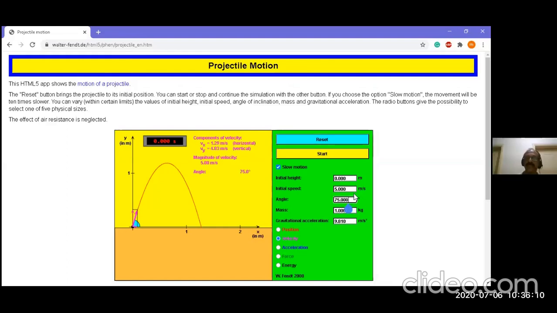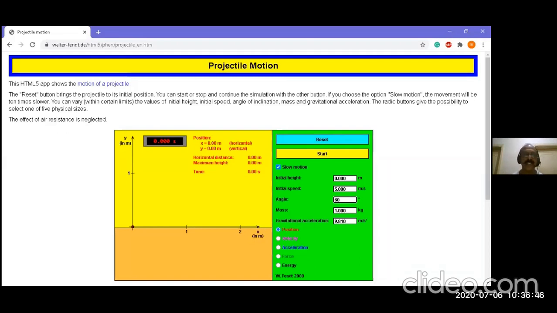Now let us bring it to 45 degrees. Check the position and angle once again. 45 degrees. Now 60 degrees, let us try, so we'll get a little more height.